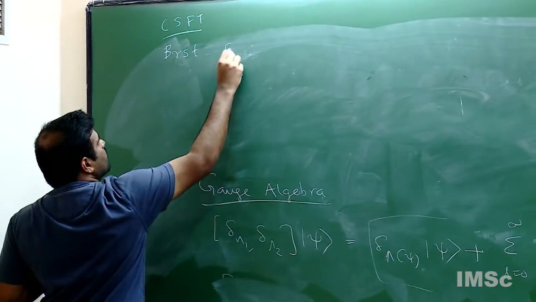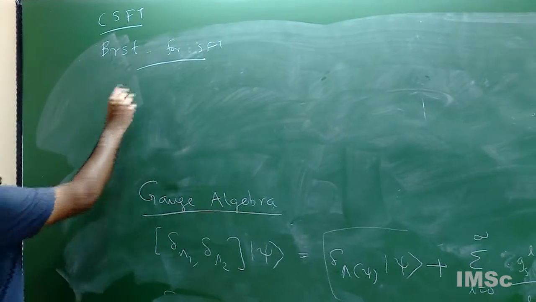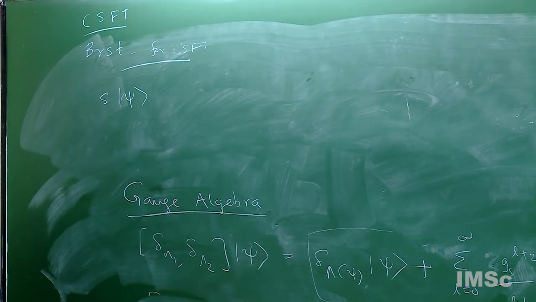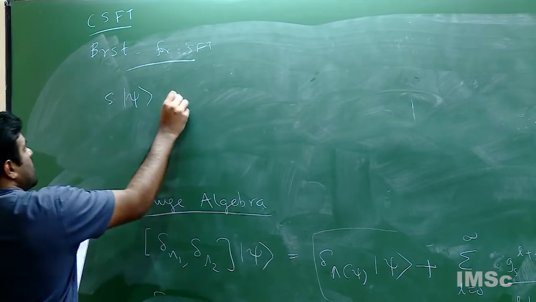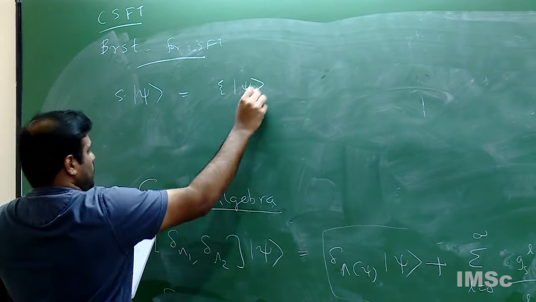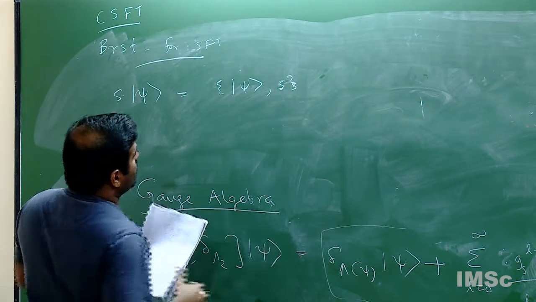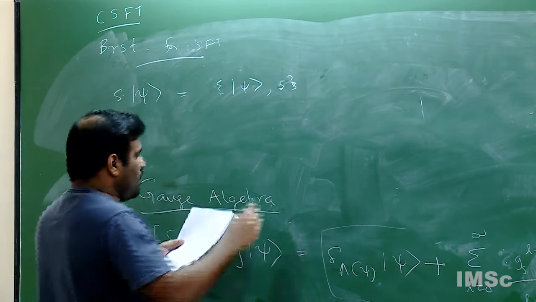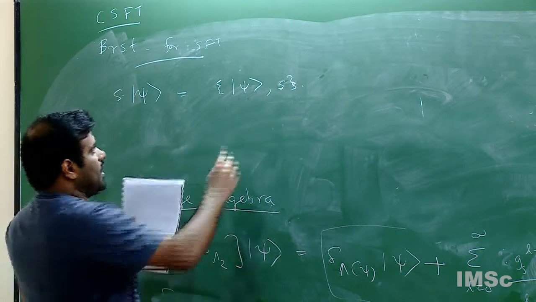So let me write down the BRST identity or the BRST transformation for SFT. We can take a string field and then act with the fermionic operator S that's related to the BRST transformation, and it's given by considering the anti-commutator or the anti-bracket that we defined. So you take the string field and then find the anti-commutator with the action.